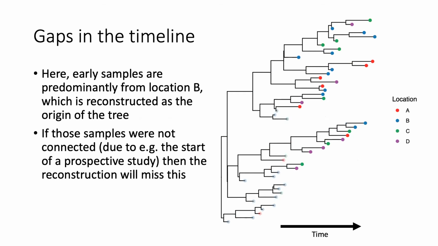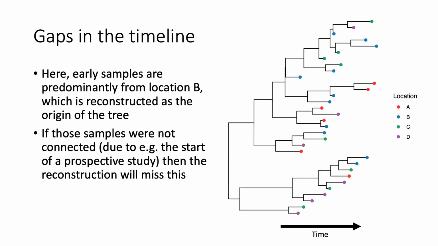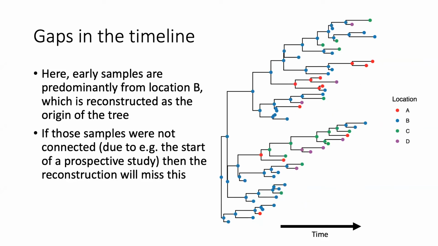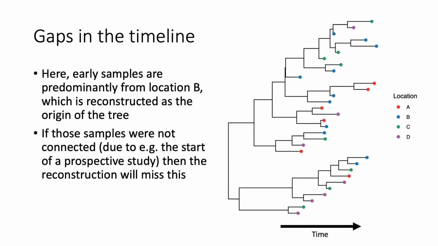But if we didn't collect those samples at all, if we only started sampling halfway through, and you take those ones away, those fade out, you get a tree like this. And then that whole suggestion you had very clearly that there was something going on in location B in the early timeline, you miss that, and you'll get a very mixed and matched reconstruction of this tree in particular.